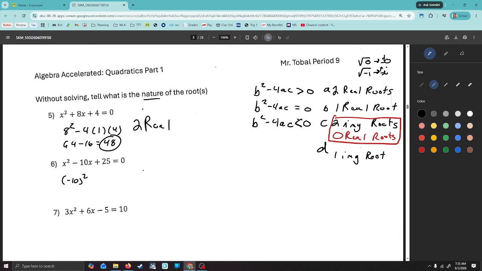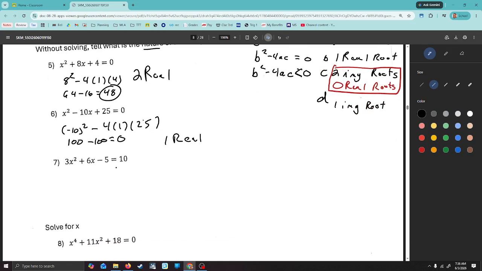So negative 10 squared minus 4 times 1 times 25. So this is going to be 100 minus 100 equals 0. That's 1 real. Here, before you could do the discriminant, you have to make sure it equals 0. So 3x squared plus 6x minus 15 equals 0.